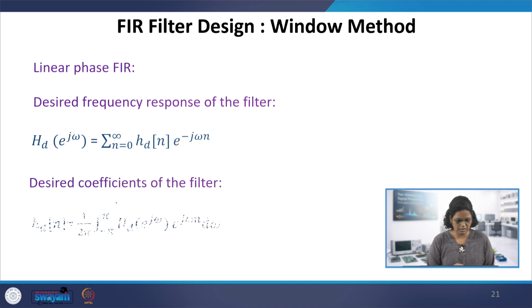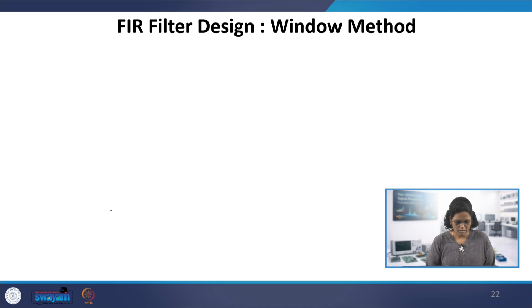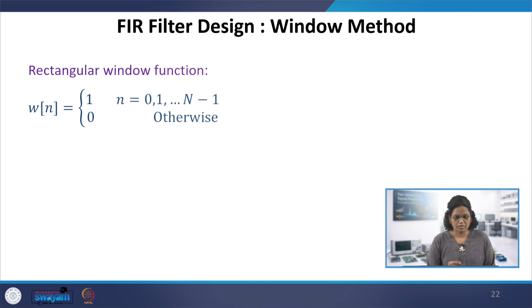Once we know this, we can get the coefficients H_D of n from the inverse DTFT: 1 by 2 pi, integrating from minus pi to plus pi the filter characteristics with e^(j omega n) d omega. If this is the ideal response, e^(-j omega alpha) for the region of minus omega c to plus omega c, then we can integrate it and get the response H_D of n.